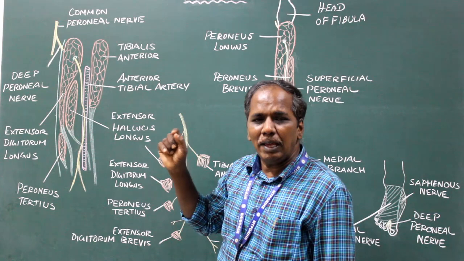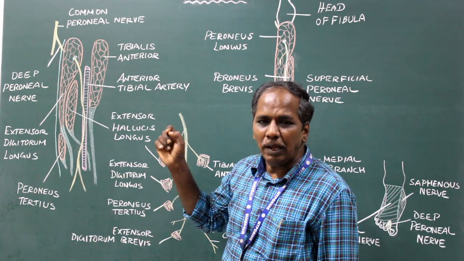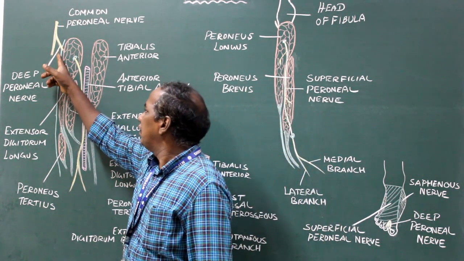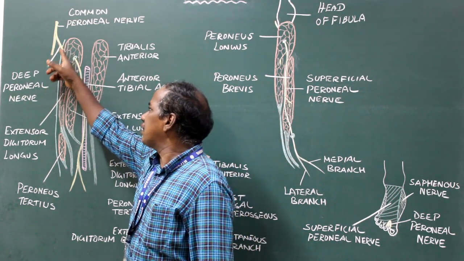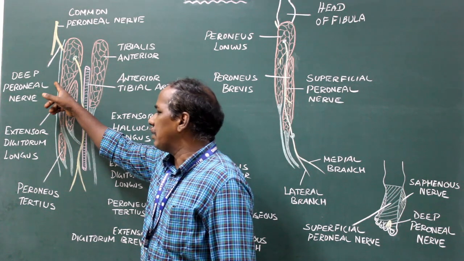It enters the anterior compartment of the leg by piercing the anterior intermuscular septum. See, this is the line which represents the anterior intermuscular septum.